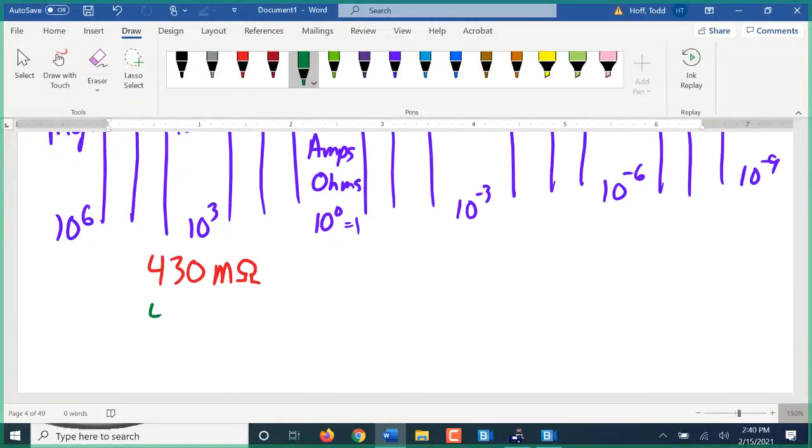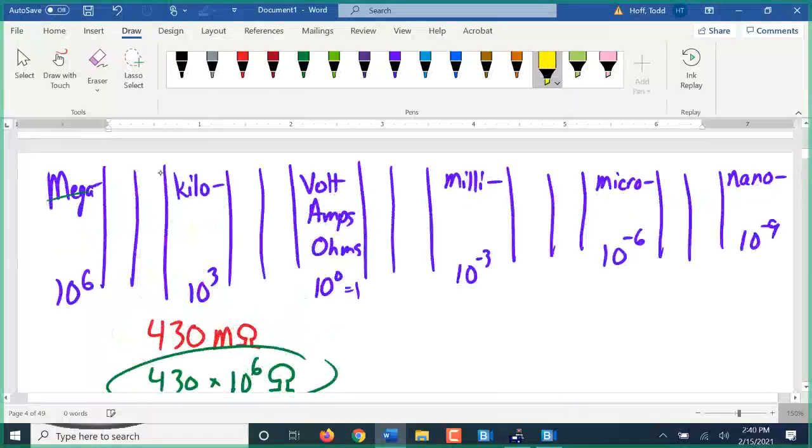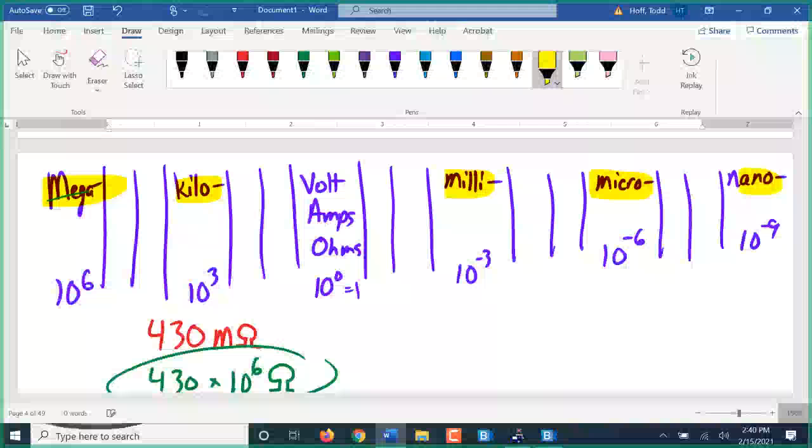What that's really saying is 430 times mega, which is 10 to the 6th, ohms. So when we do operations with those metric measurements, we can convert the metric prefixes, mega, kilo, milli, micro, nano, into their appropriate power of 10, and then we can work with them in engineering notation.